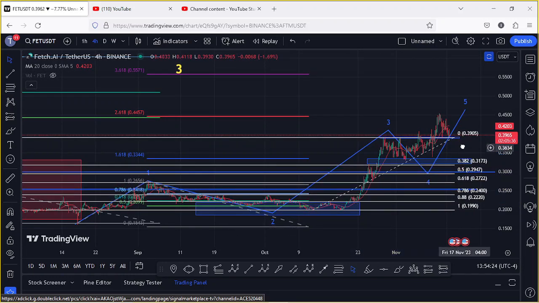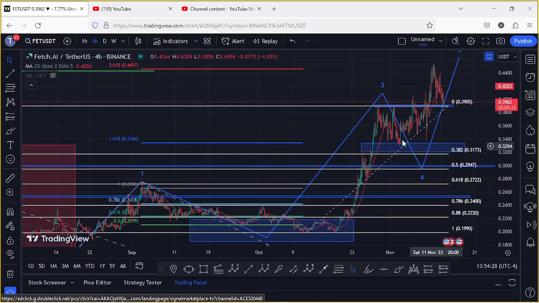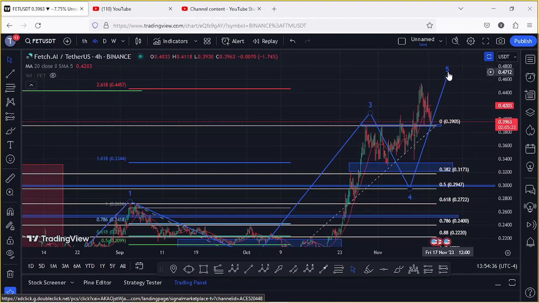And I remember saying to you in my last video that there are high chances that we have now bottomed out in the formation of this wave 4, and now Fetch AI was giving us another push to the upper side in the formation of this wave 5.